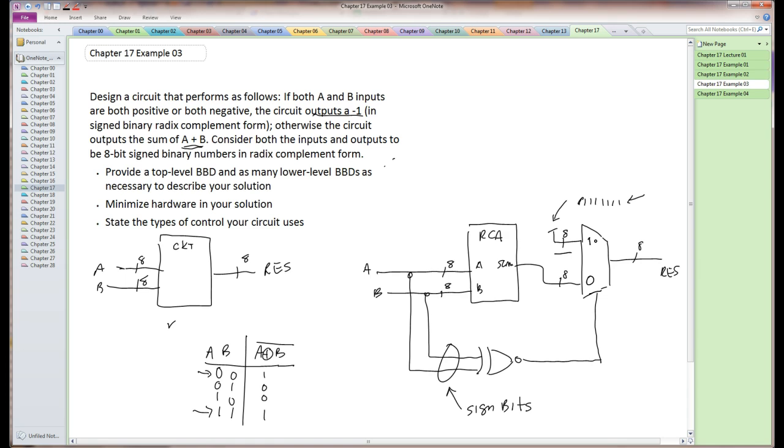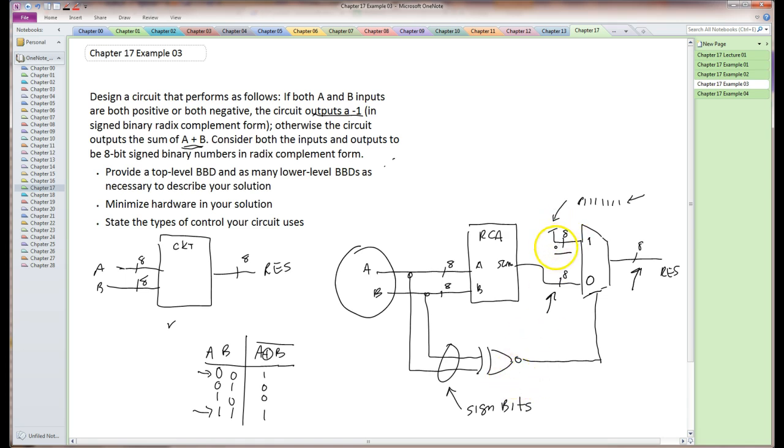Interesting thing about this problem is, do I ever have to worry that this sum is valid? And the answer is no, because the two invalid cases are associated when the sign bits of the two input operands are the same. In this particular circuit we have a special case for that.